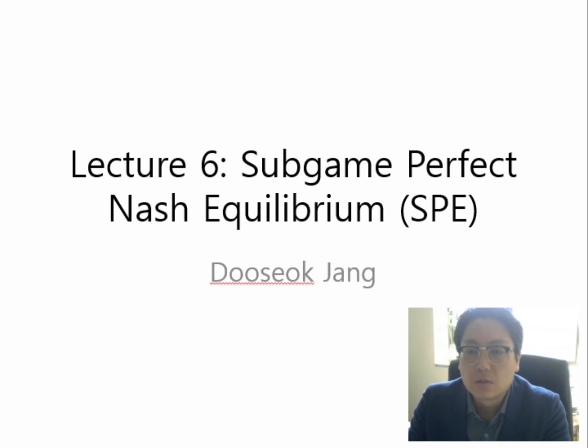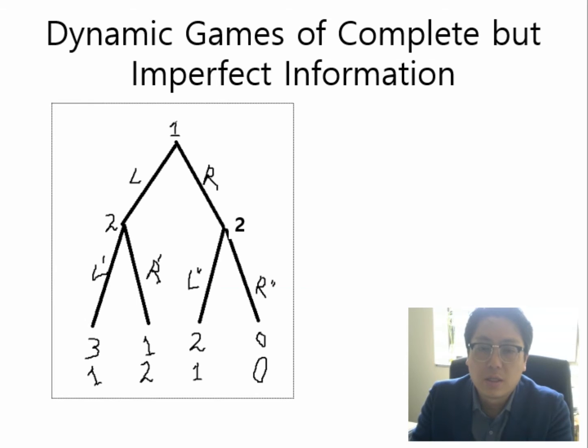Okay, so in order to do that, if possible, we should change the form of a tree to a normal form game. By doing so, we try to apply Nash equilibrium in a normal form game. So let's check whether this kind of extensive form game can be transformed to a normal form game.